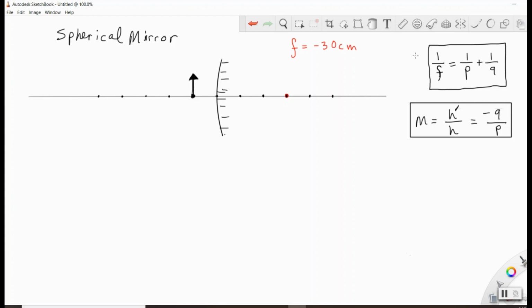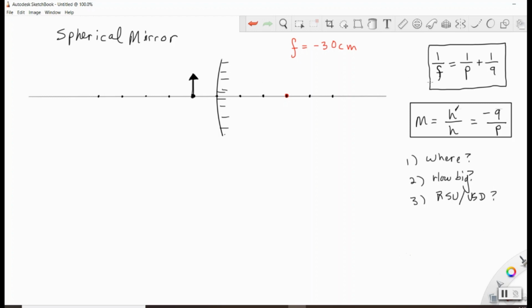We go through our same process. Let's answer where is the image, let's answer how big is the image, and let's answer right side up or upside down.